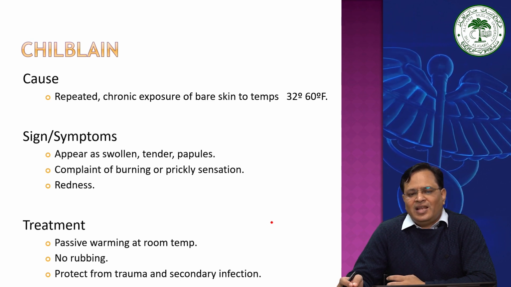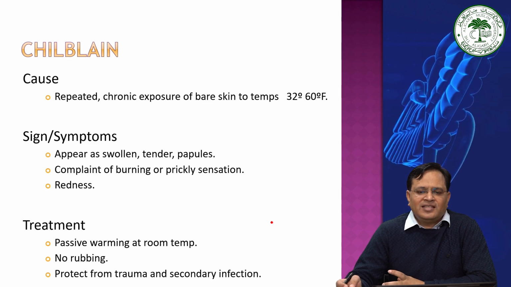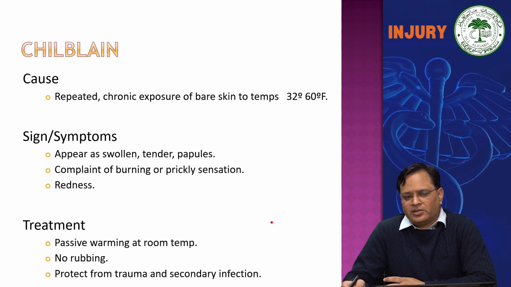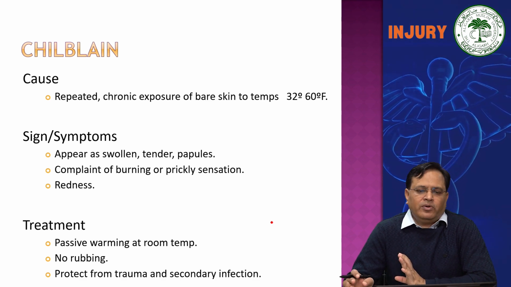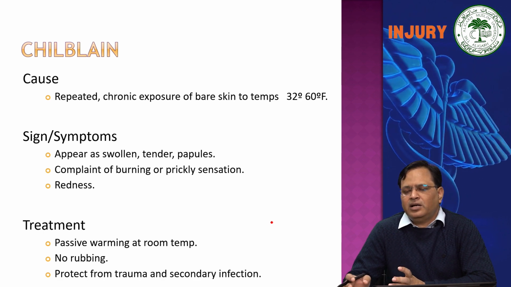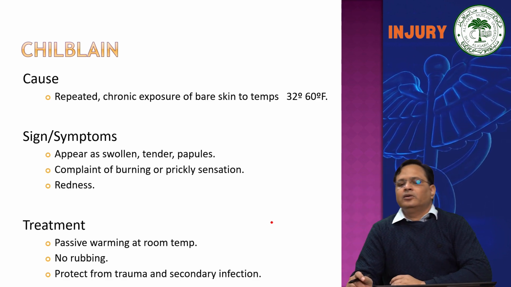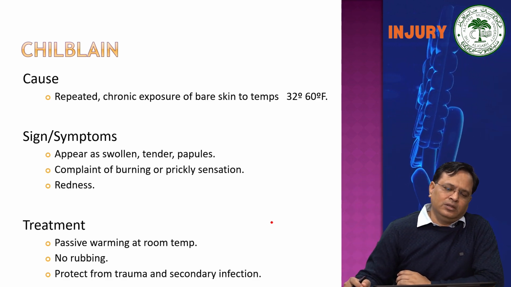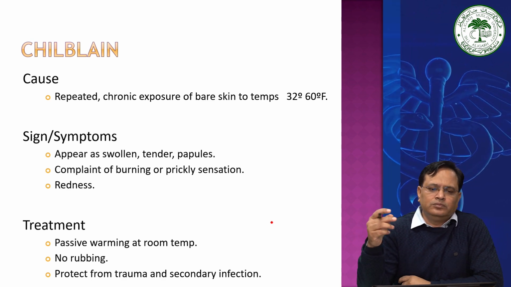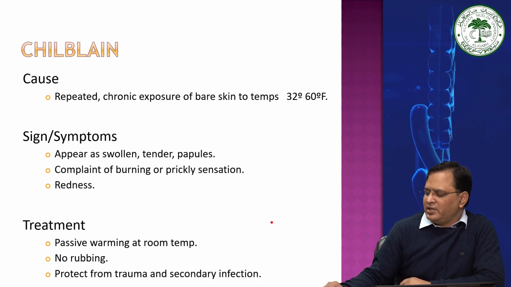It appears as swollen, tender papules on the skin, with burning or prickling sensation and redness. Treatment is passive warming at room temperature, no rubbing, and protection from trauma and secondary infection. Generally no injury happens, but the person may go through pain.